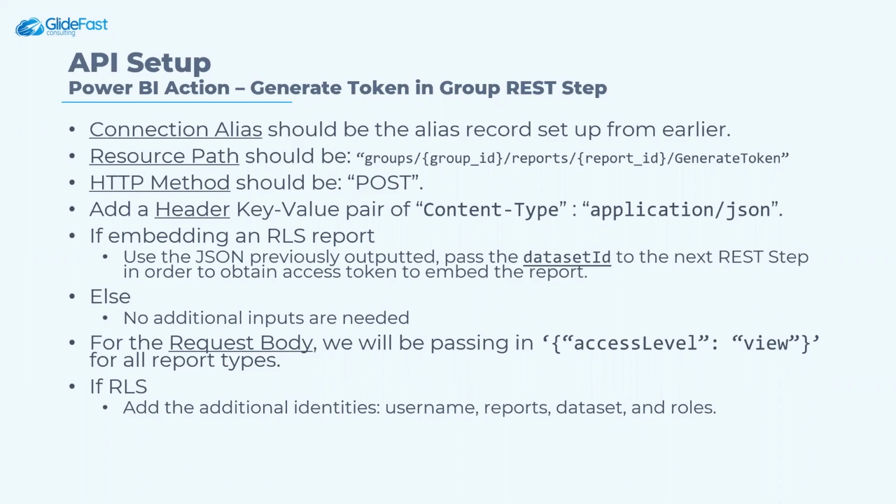And based on the service principal that we set up, it automatically should already be read only, but that's just to be safe. And then for RLS reports, you need to add into the request body a username, the report ID, the dataset ID, which is from the get call as well, and the roles, which will allow whoever is accessing the report the proper data that they're supposed to see.